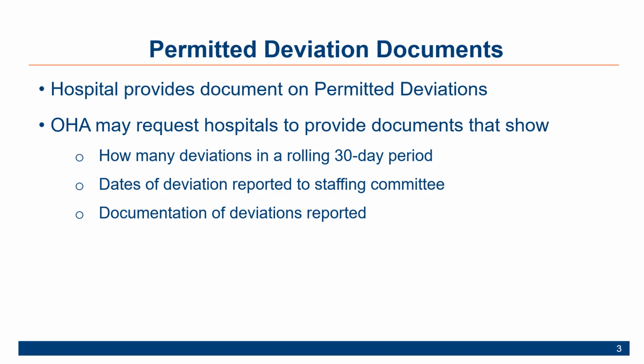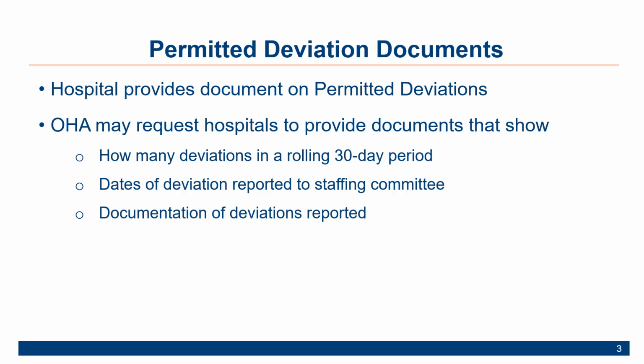The OHA may ask for the following information. How many deviations were there for this unit's staffing plan in a rolling 30-day period? What were the dates on which deviations were reported to the staffing committee? And for the reports made to the staffing committee, the OHA will need to identify the date of reported deviations, the shift or time the reported deviation is related to, and the unit the reported deviation is related to.